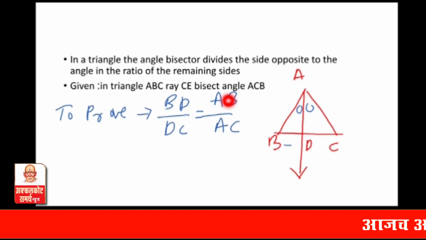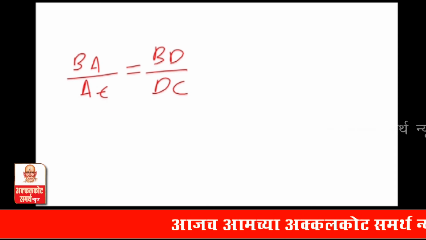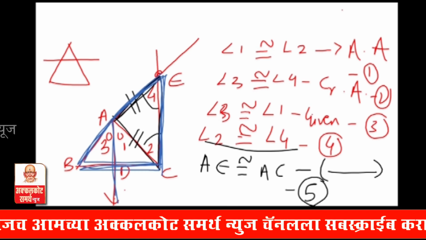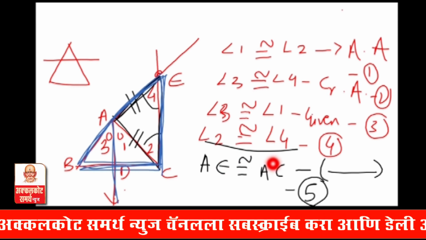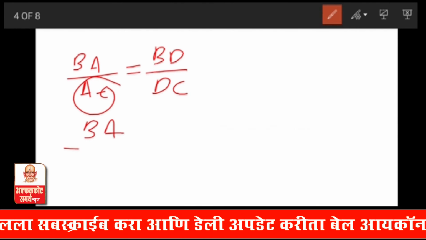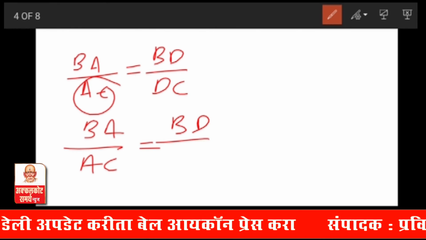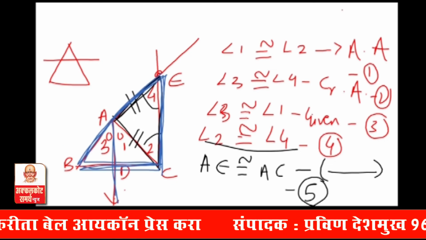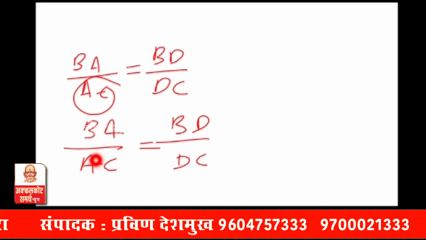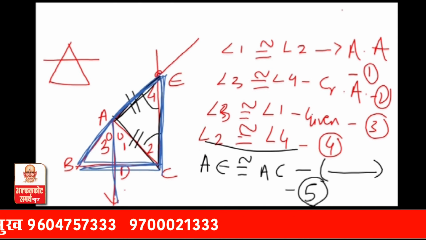We want BA over AC, but we got BA over AE. So this AE we don't want. We want AC here. Then see what we have proved. AE and AC we proved equal. Then in place of AE here, just put AC and you can give the reference of that equation, equation 5. So in this way, BA over AC is equal to BD over DC is proved here.